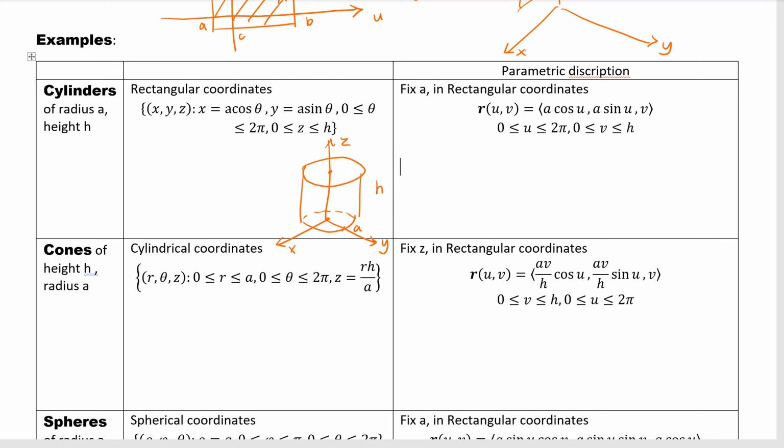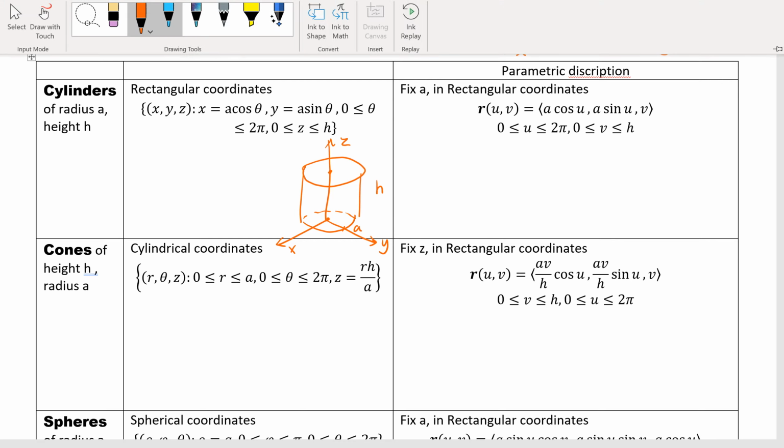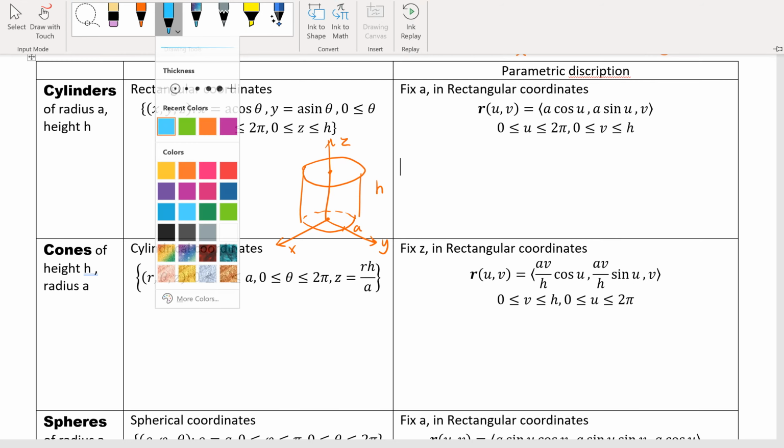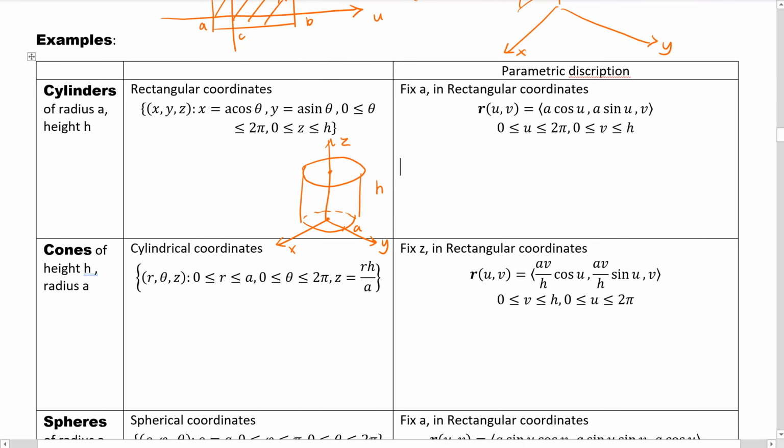Now, to find the parameterization, we think about a point on this cylinder. What is changing here? You can see the angle is changing, so theta is changing and z is changing. So we can let u be theta and let v be z.